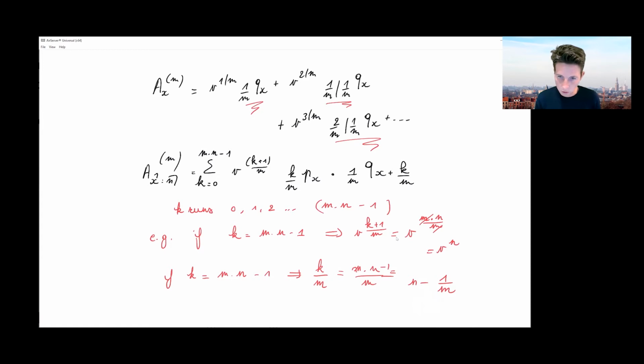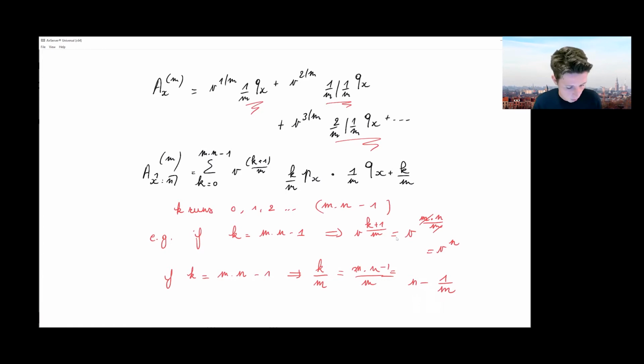And that's exactly what I want to have if I look at the timeline where my duration of 1 year would be split into intervals of length 1 over m. So you have to be a bit careful here, but that's how the notation works.